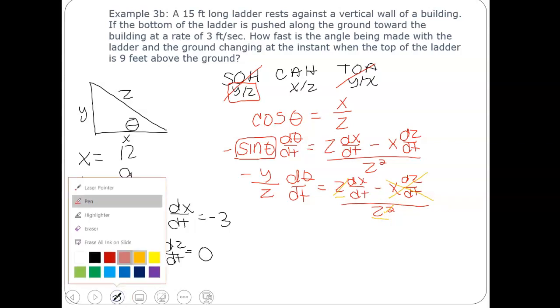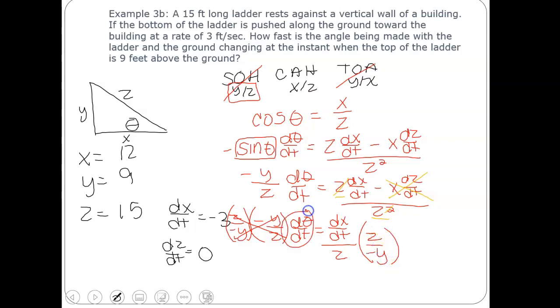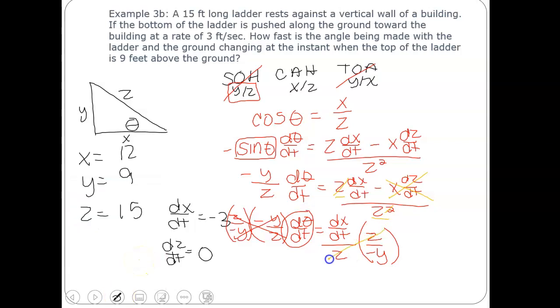And just so you can see it, now at this point I have negative y over z d theta dt equals dx dt over z. So I'm going to multiply by the reciprocal over here to get d theta alone. That's what I'm ultimately solving for. And what's nice again is my z's end up canceling.